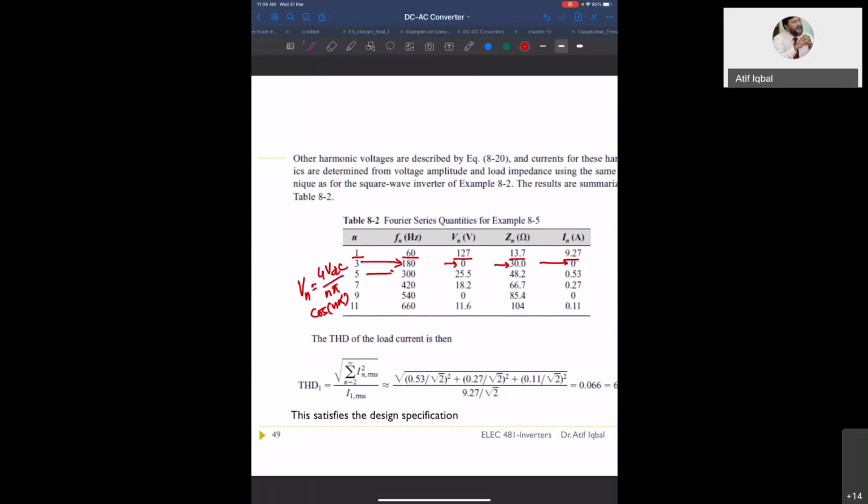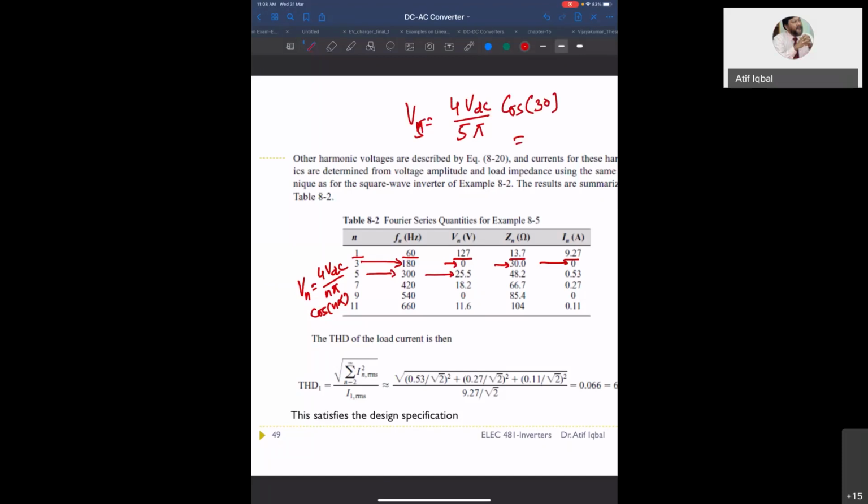For the fifth harmonic, the frequency is 300 hertz, and the voltage Vn will be 25.5. How do you calculate Vn? Vn we calculate as 4 VDC upon 5 nπ, for the fifth harmonic, into cos of 30. So from here you calculate this as 25.5.